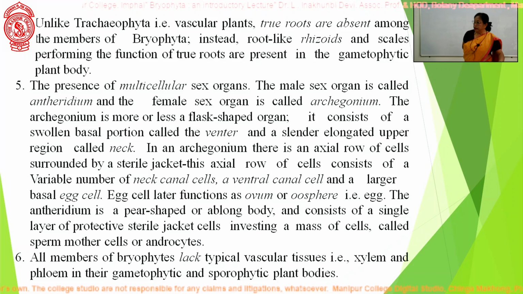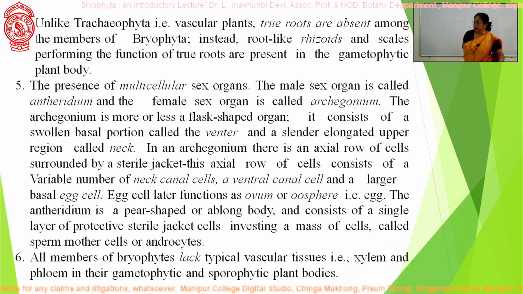What do you mean by reduction division? You might know or you may not have this knowledge. There are mainly two types of cell division in reproduction, that is meiosis and mitosis.